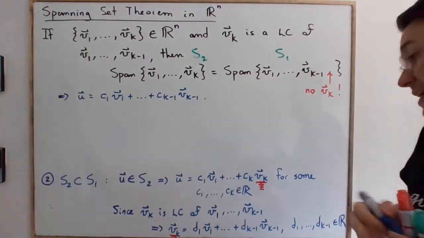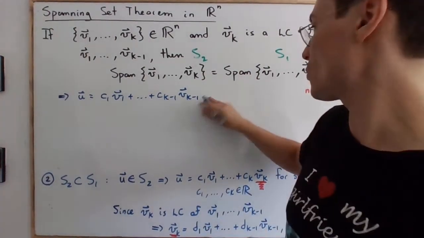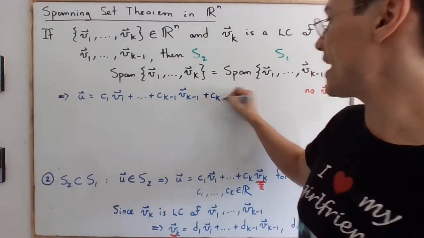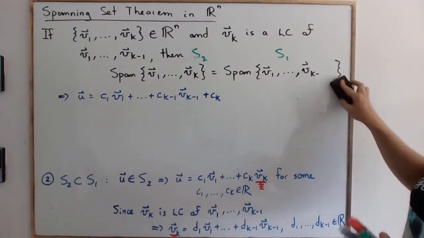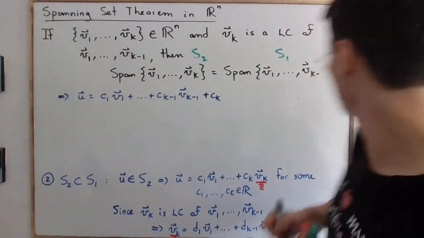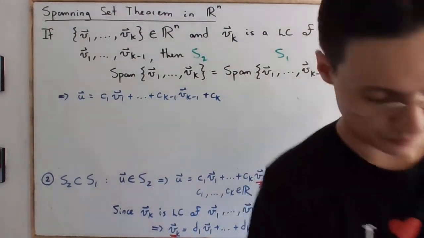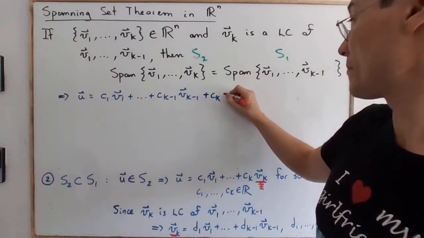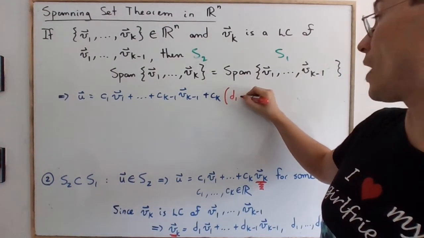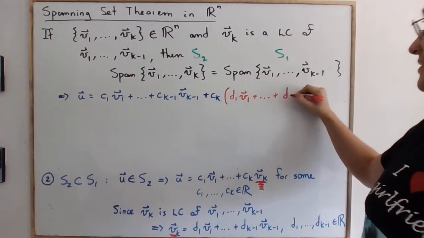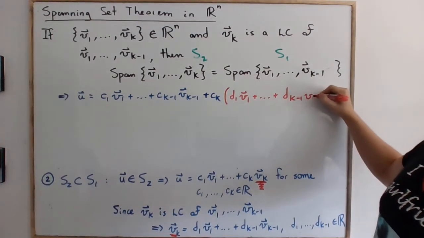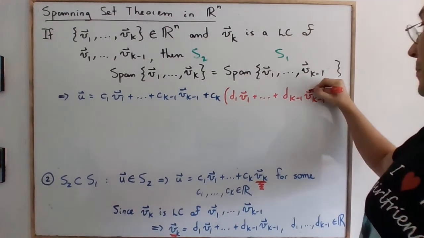And then we're adding this linear combination. So we have here CK. And now I'm just going to erase the VK over here. Otherwise, it will get in the way. But then I'm writing D1 V1 plus, and finally, DK minus 1 VK minus 1.